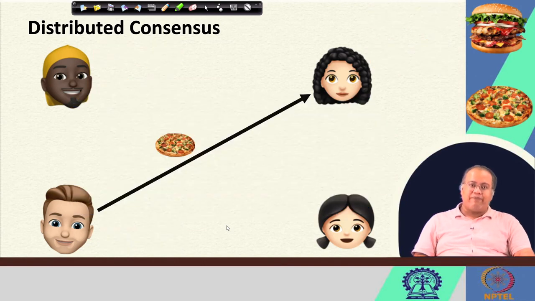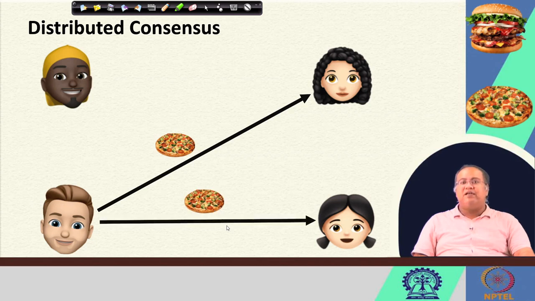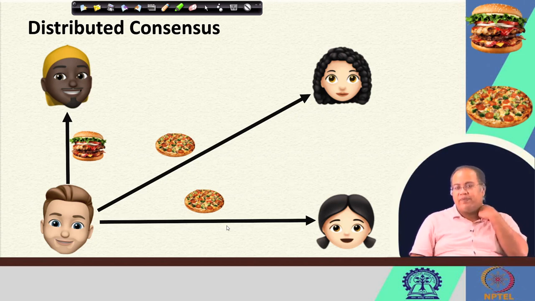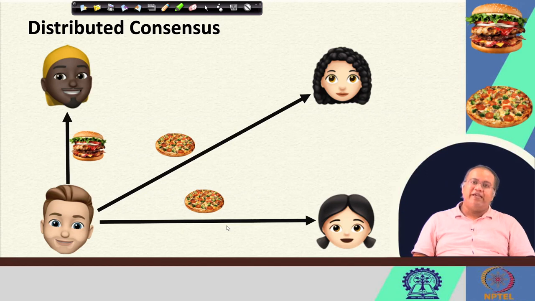What might happen is that one of your friends, when calling the ladies, says, I want to have a pizza. But when the same person makes a phone call to the boy, the person says, hey, I don't want a pizza, I want a burger. So although I might like pizza or burger, whatever I like, I am not going to say it uniformly to others.